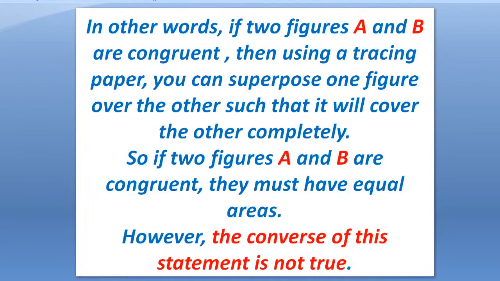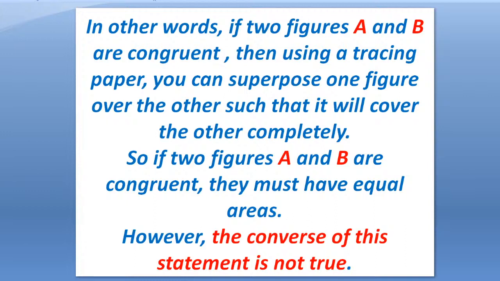In other words, if two figures A and B are congruent, then using a tracing paper, you can superpose one figure over the other such that it will cover the other completely. So if two figures A and B are congruent, they must have equal area. This is important.